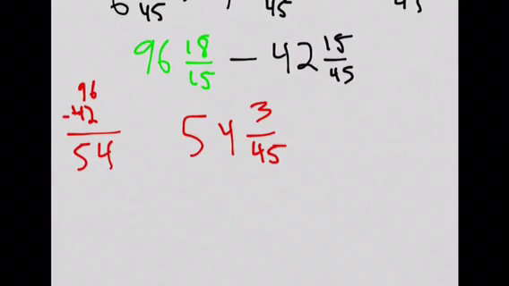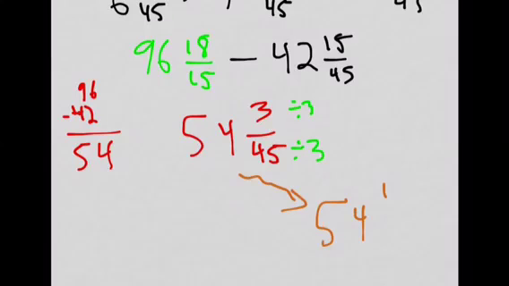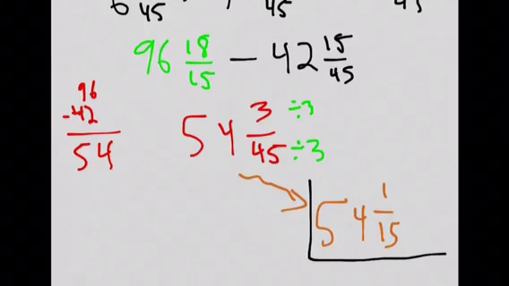I'm almost done. Let's simplify this fraction here. Let's divide both by 3. And now that will give me 54, 3 divided by 3 is 1, and 45 divided by 3 is 15. And this here is my answer.